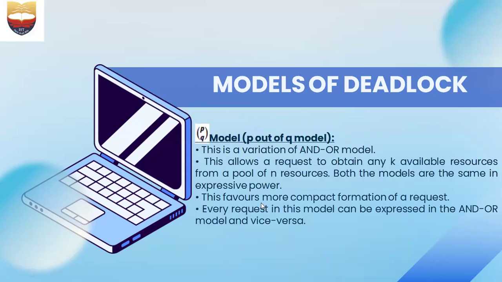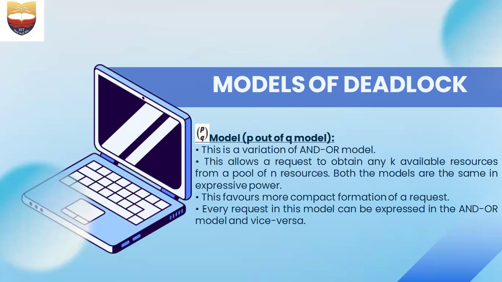Next one is P out of Q model, that is, the P-out-of-Q model. This is a variation of the AND-OR model. This allows a request to obtain any k available resources from a pool of n resources. Both the models are the same in expressive power.